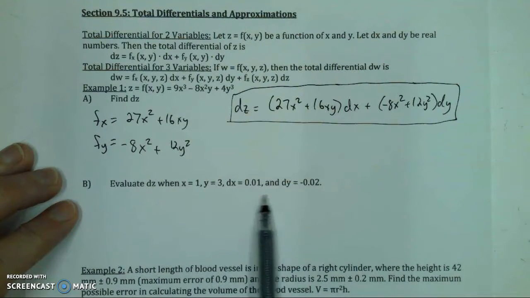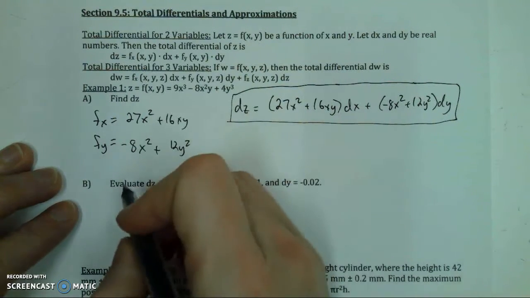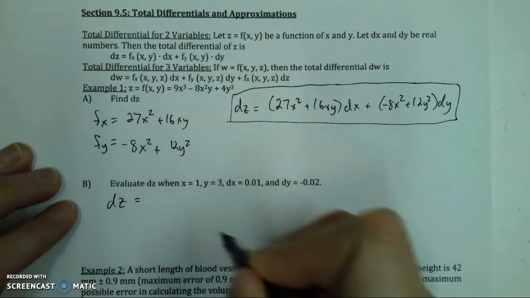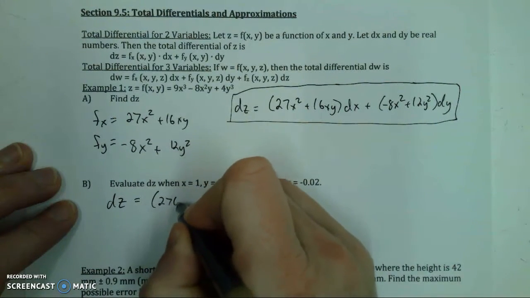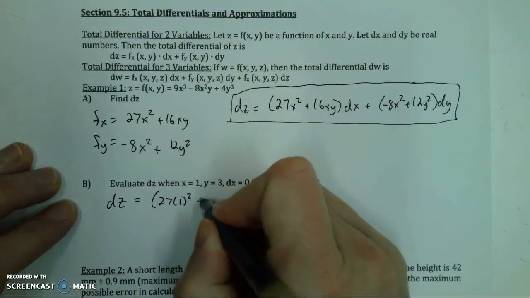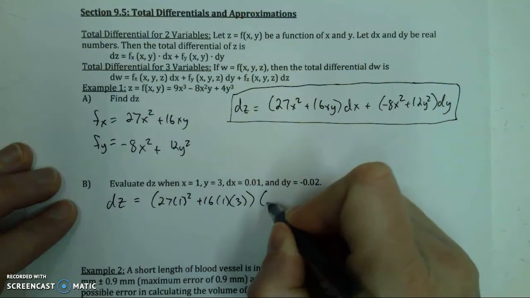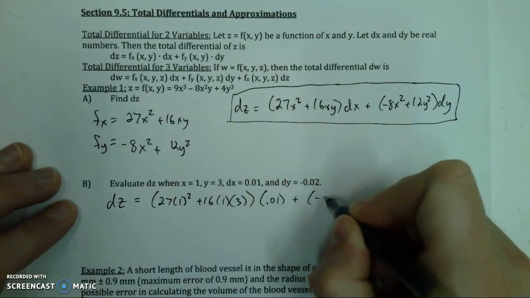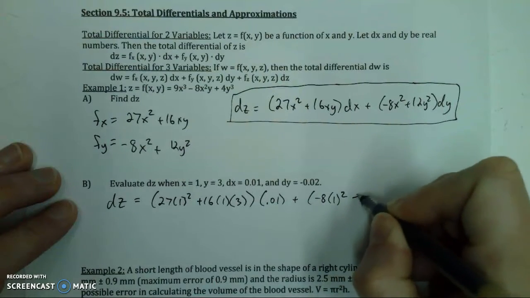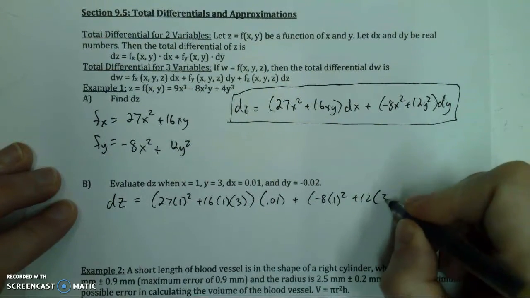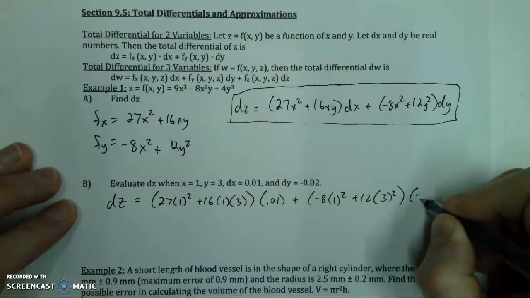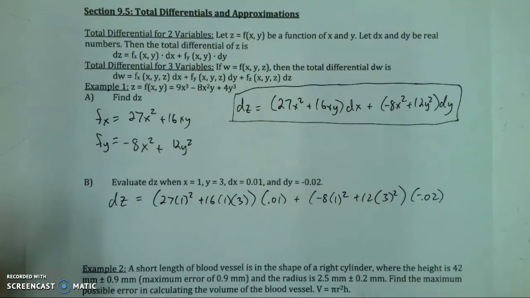Now, most of our problems, we will also be given values, so let's go ahead and do all of that for that particular function. So x is 1, y is 3, my dx is 0.01, x again is 1, y is 3, and dy is negative 0.02.